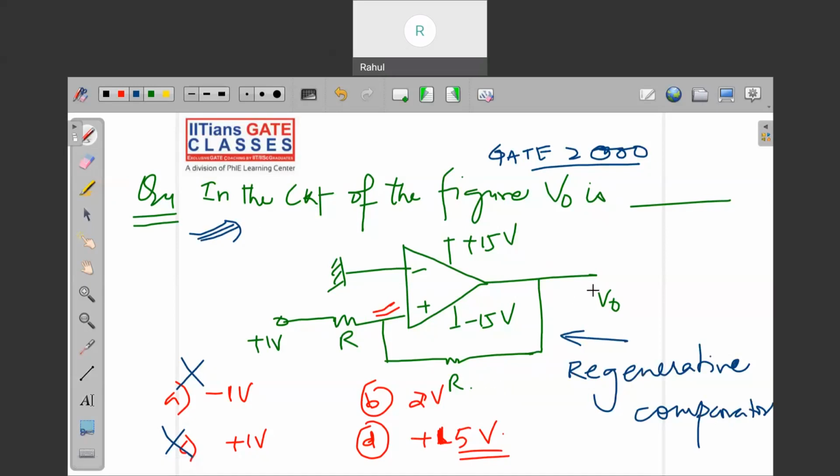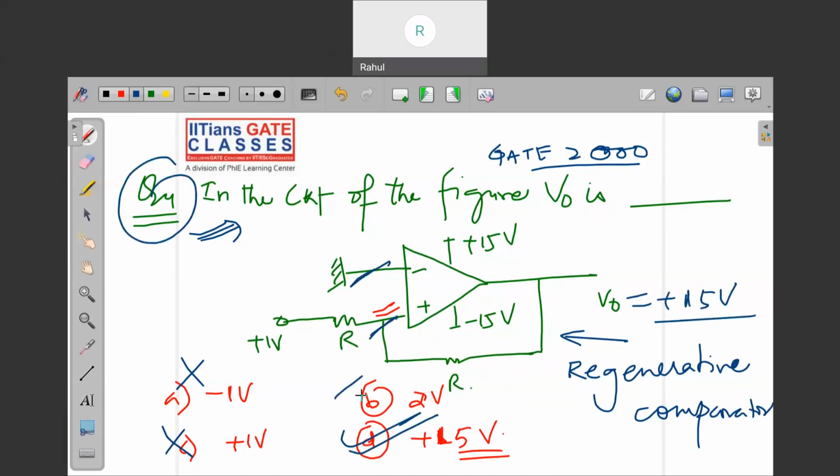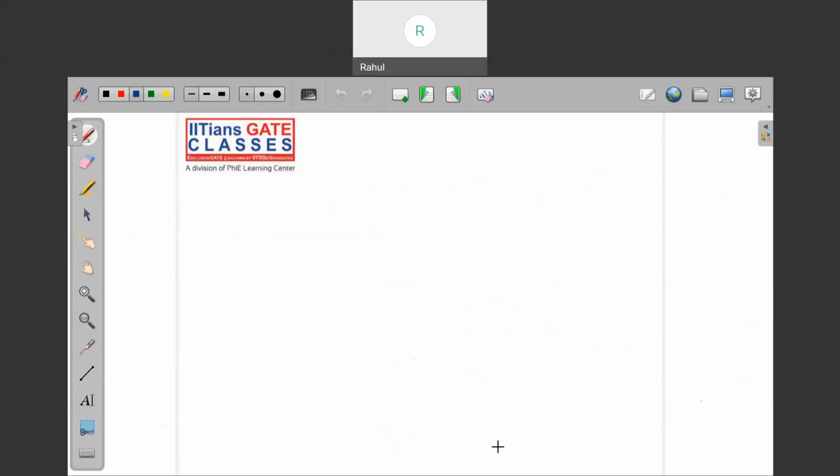So the answer will be plus 15. We compare: this is 0 and this potential is high, so the output will be saturated. Understand? I hope this is clear for everyone. So don't give the other answers. The answer will be plus 15. Very good problem this was.